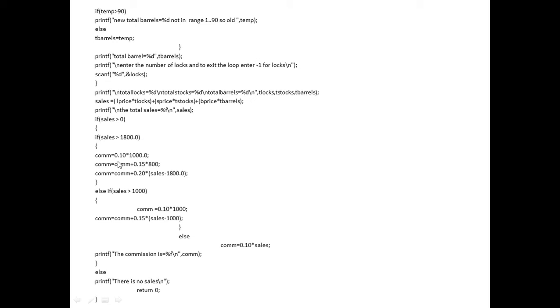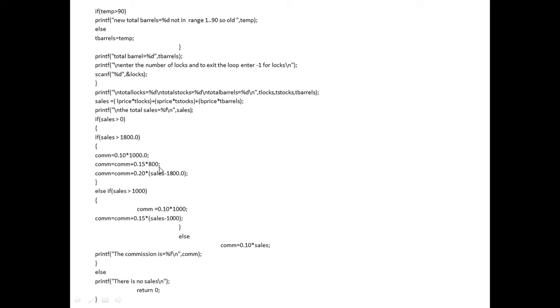As I told, for the first 1000, the commission is 10%. So you need to multiply it by 0.10, that is 10% of 1000. After this, commission is equal to the previous commission plus the commission for the next 800.